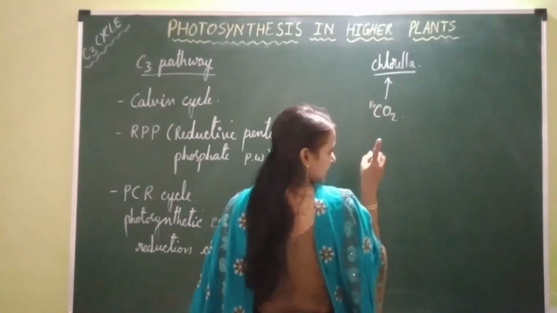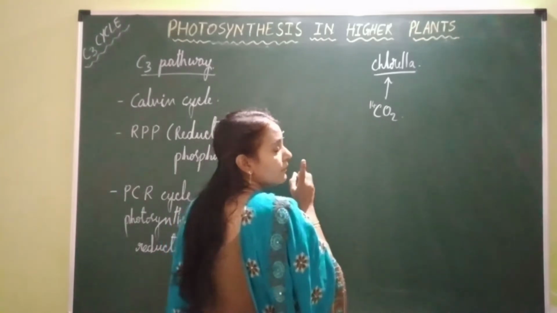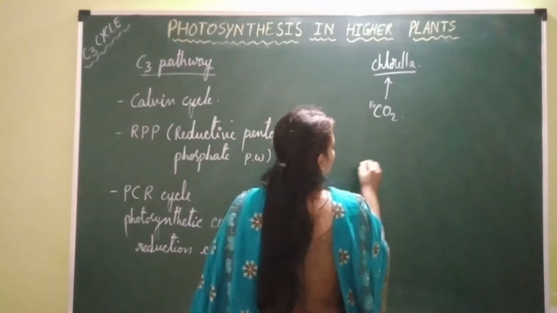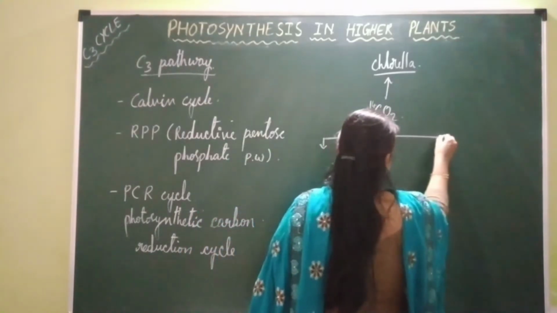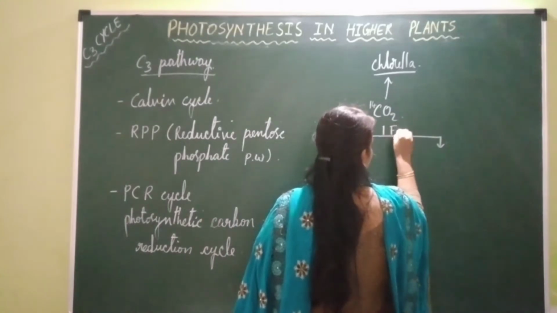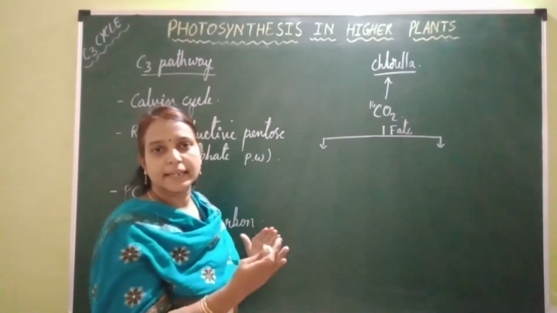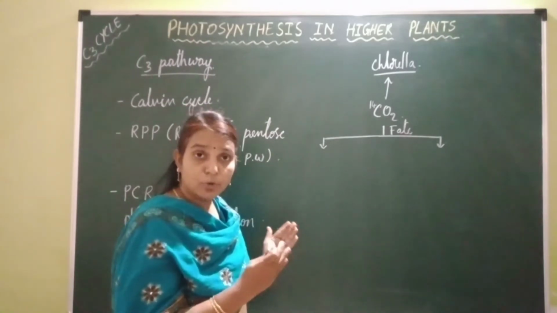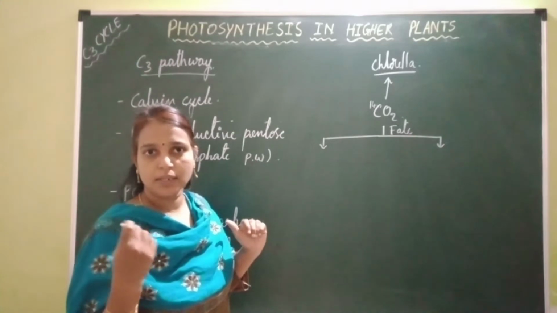Normal carbon means C12. After providing this radioactive carbon dioxide, he observed the fate of this carbon dioxide, that is where it is fixed and into which compound, resulting in the formation of what type of photosynthetic product.